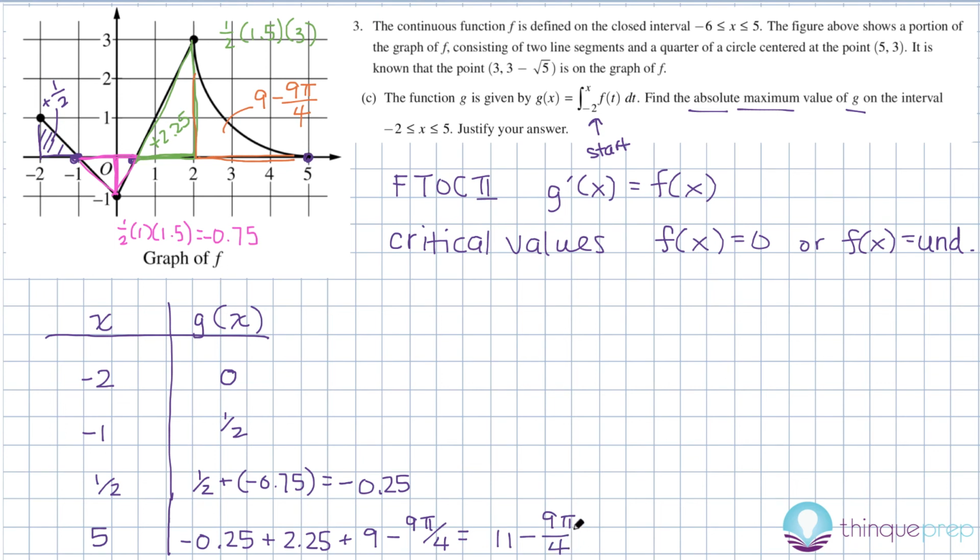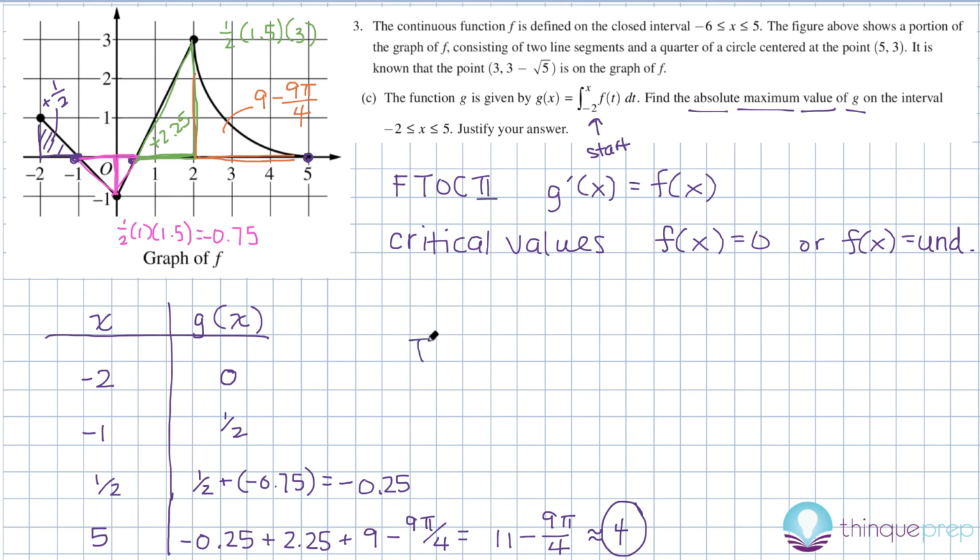And if you want to approximate, 9 over 4 is 2.25 times 3-ish. 2.25 times 3-ish is only around 7. So this number is around 4-ish. So out of all the 4 values, we can see that the absolute maximum occurs at the end. So the absolute maximum value, notice when the question is asking for value, they want the y value.